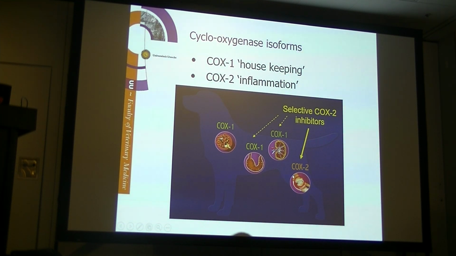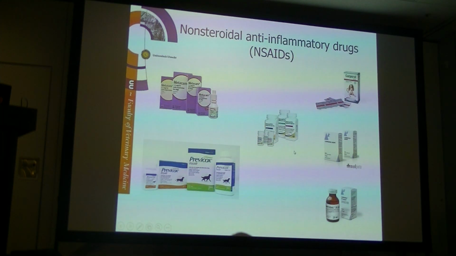And that's why you see all these selective COX-2 antagonists on the market, the selective COX-2 inhibitors. And there are many out there for us as veterinarians. So there's a whole bunch of them in Europe. I'm sure they are also available in Russia.